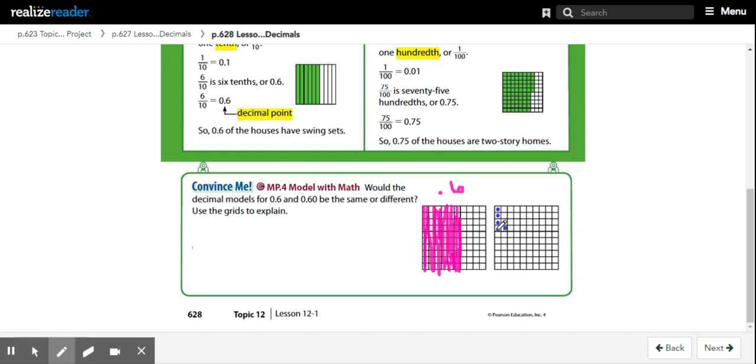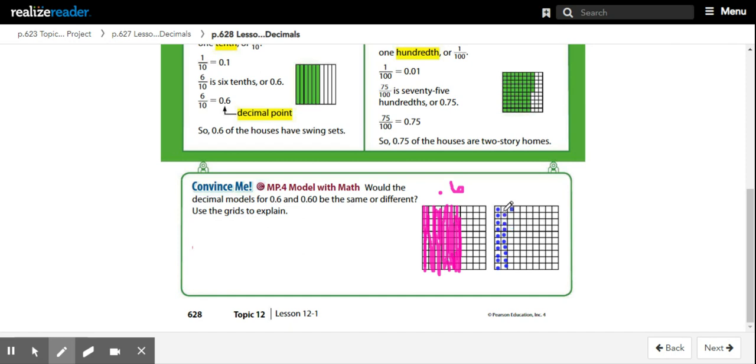Yes, it is. But I know that these are in groups of 10, so I really don't have to count all the way down. I know that this is 10. As I go, I can say 20.